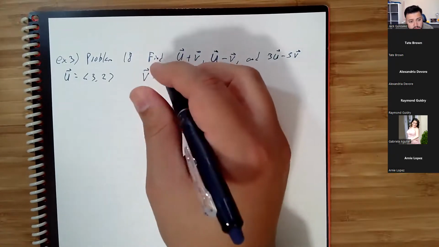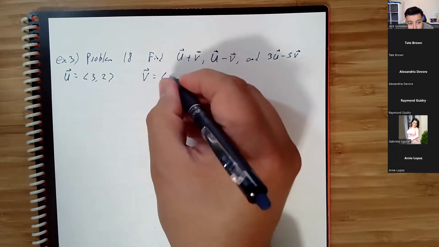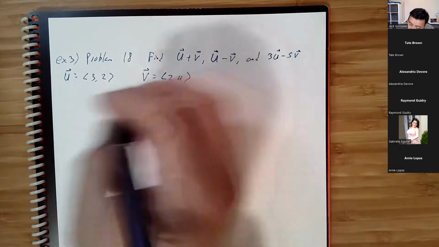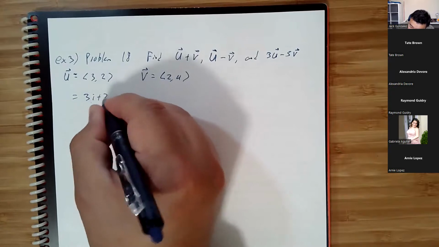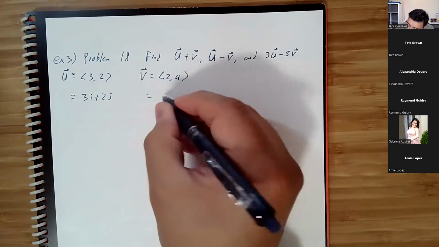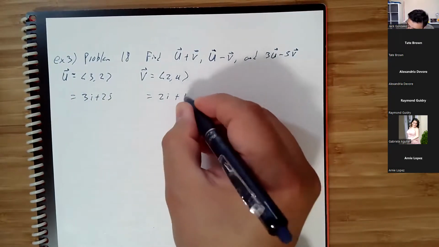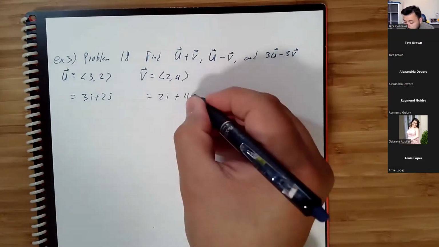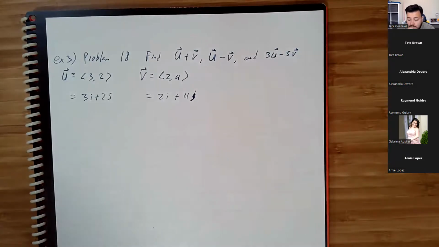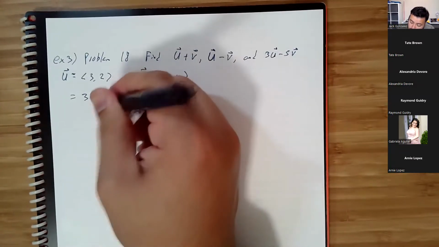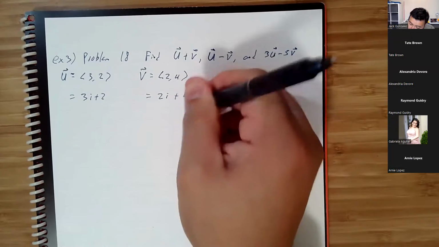And this is the v and u that they give us. And if you prefer the other notation, this would be 3i plus 2j. This would be 2i plus 4j.